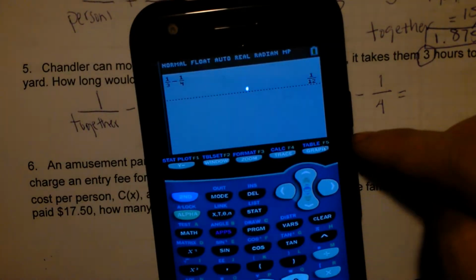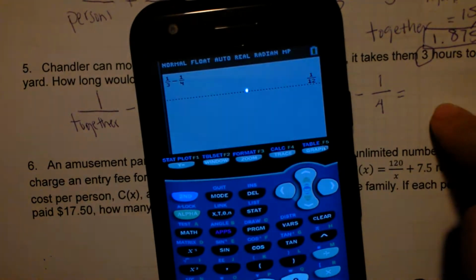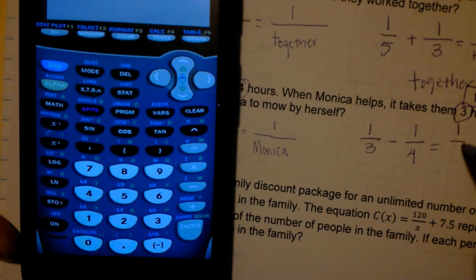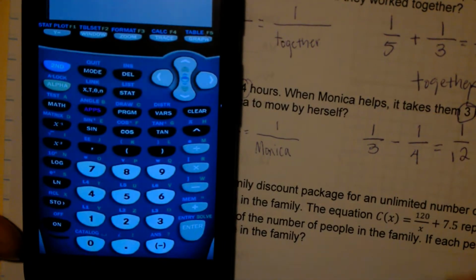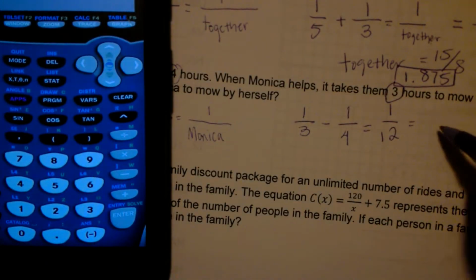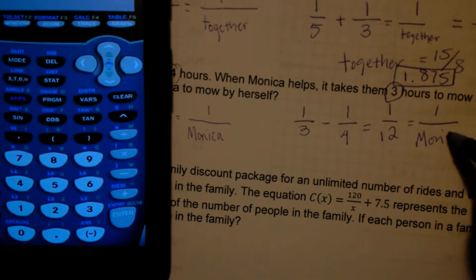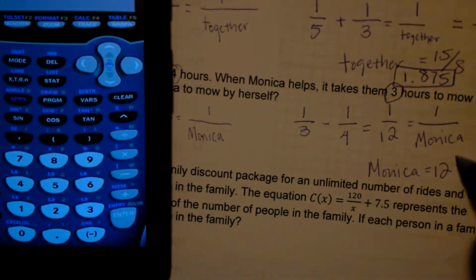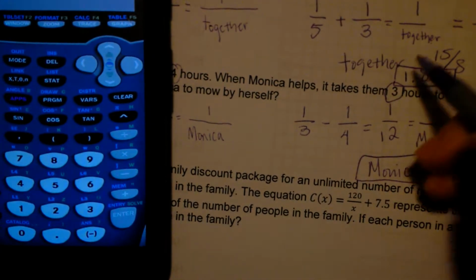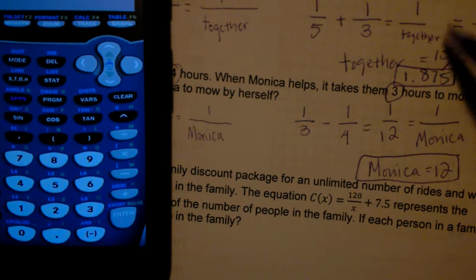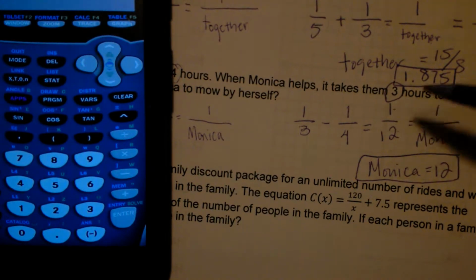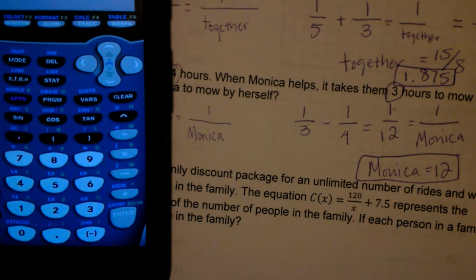And you get 1 over 12. And 1 over 12 is 1 over Monica, so Monica would be 12 hours. It's the same thing, like on number 4, how we flip the fraction 8 over 15. On 5, you flip it 12 over 1, and that's 12.